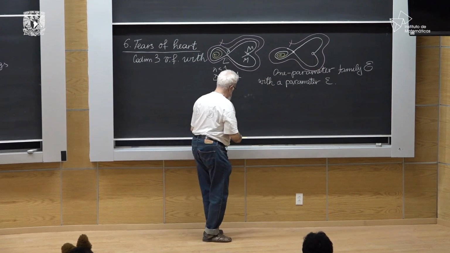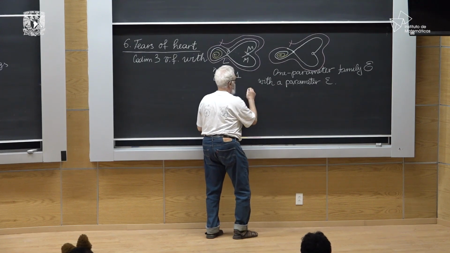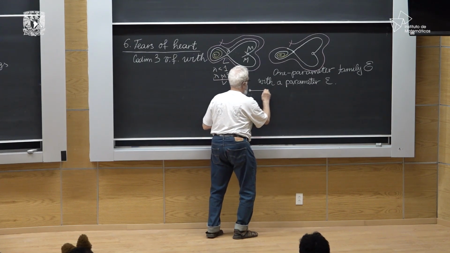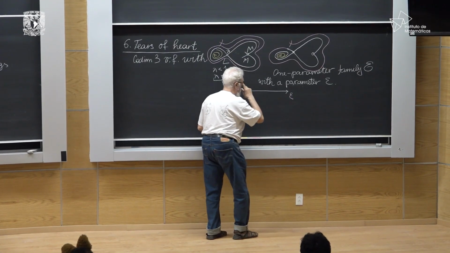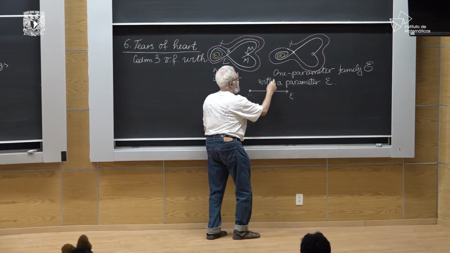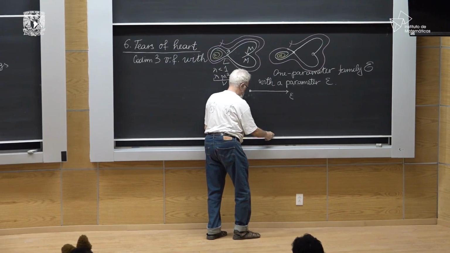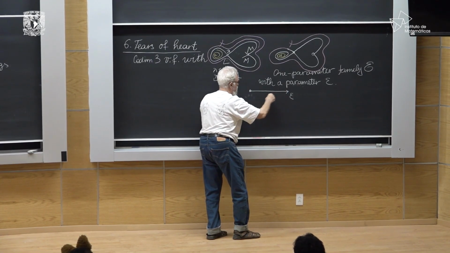But in any case, on the line of the parameter epsilon, now, first of all, I plot the original parameter epsilon.